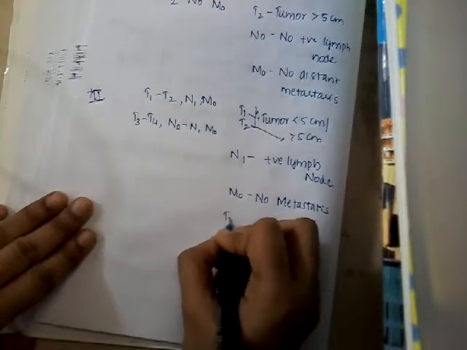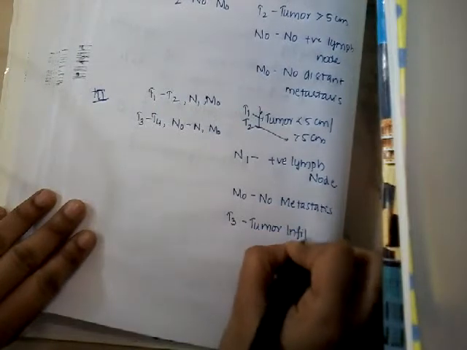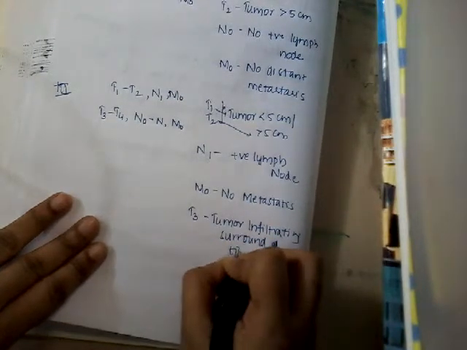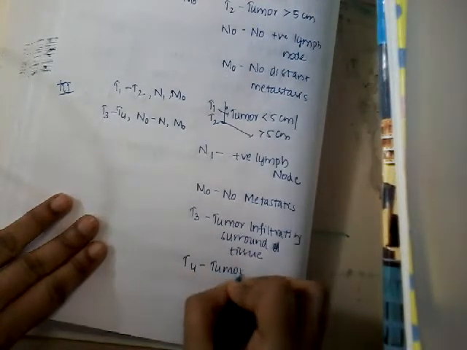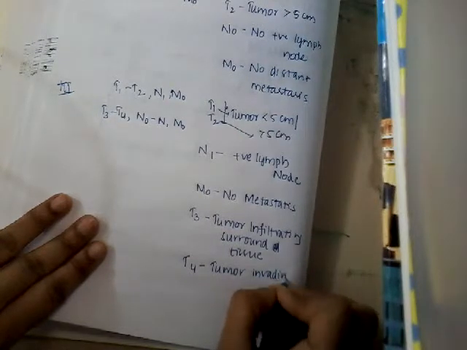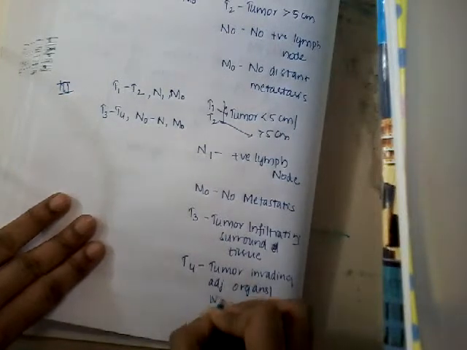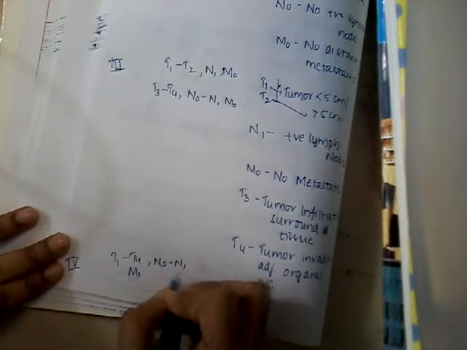T3 is tumor infiltrating surrounding tissues, and T4 is tumor invading adjacent organs or inferior vena cava. Then the fourth stage is M1: any T1 to T4 or N0 to N1, but there should be M1. So M1 means there is metastasis.